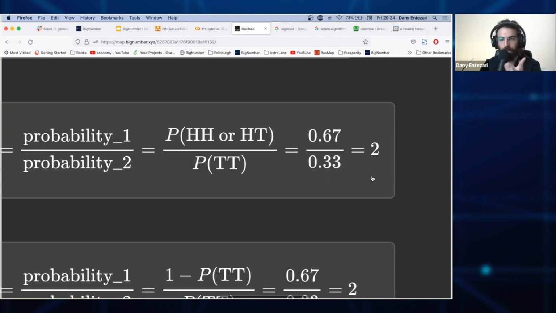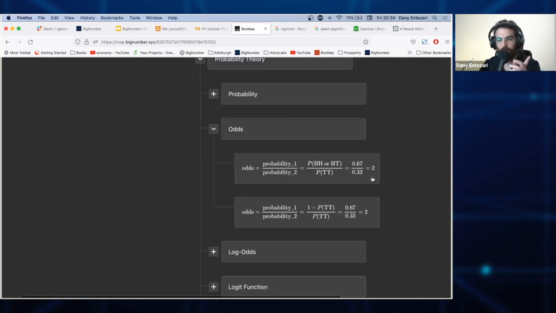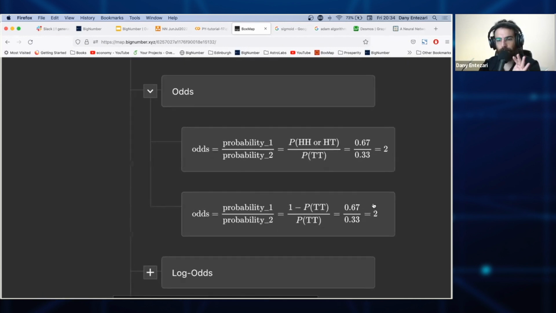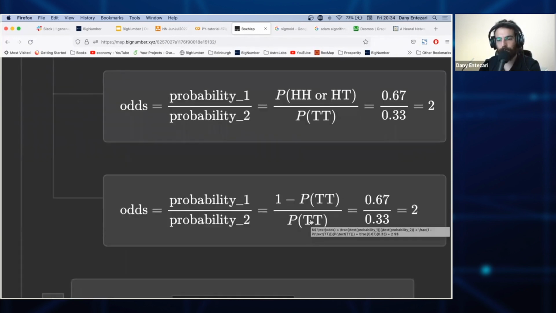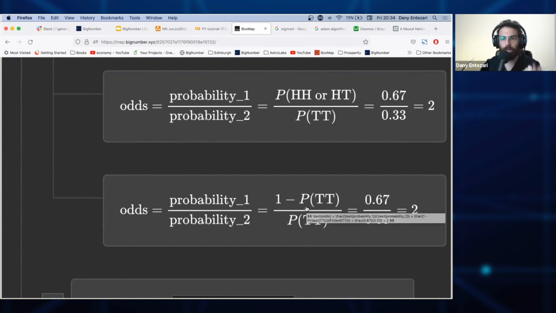Okay? Now, another way to re-express the same ratio is to take my probability and subtract it from 1. Why?